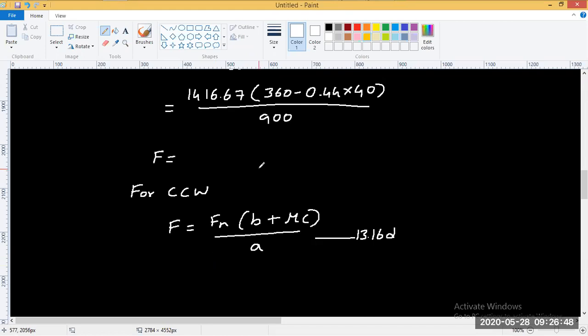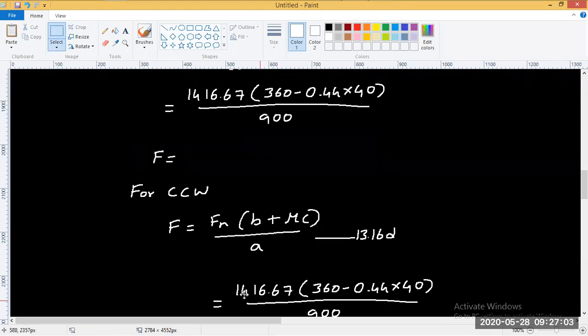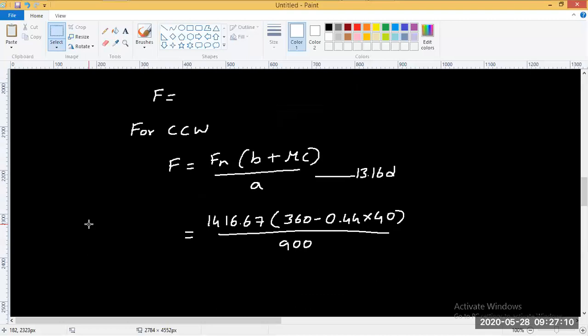So essentially, what I can do is copy everything here and paste. The only thing different here is the sign.